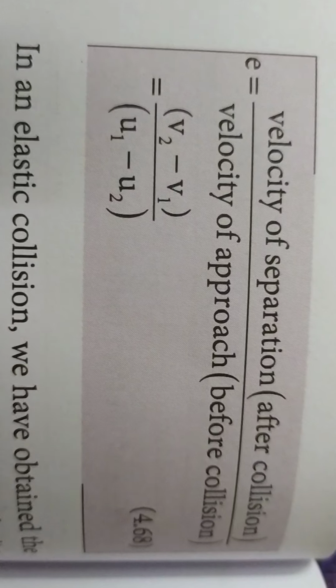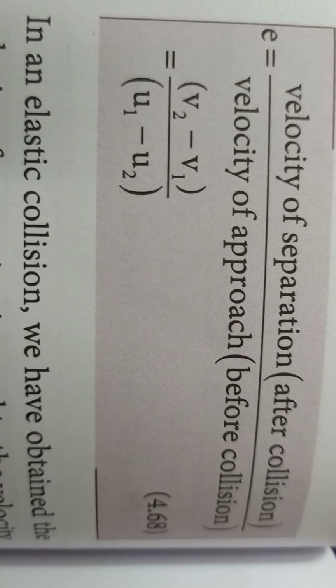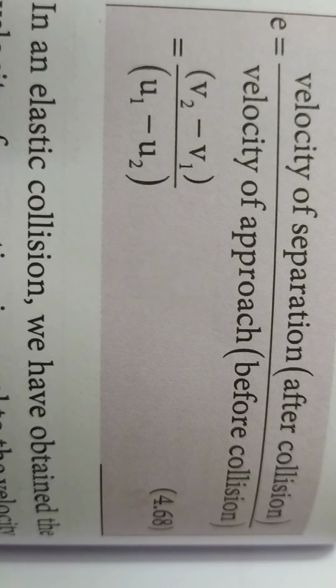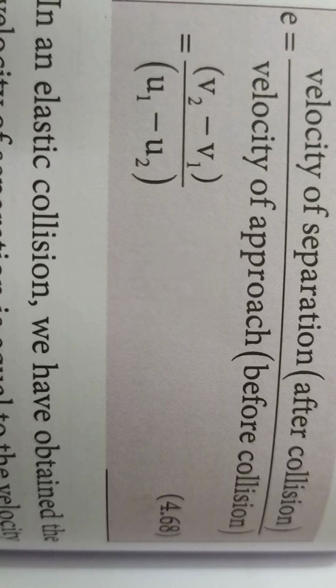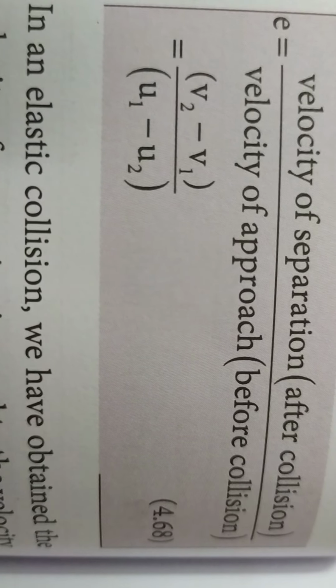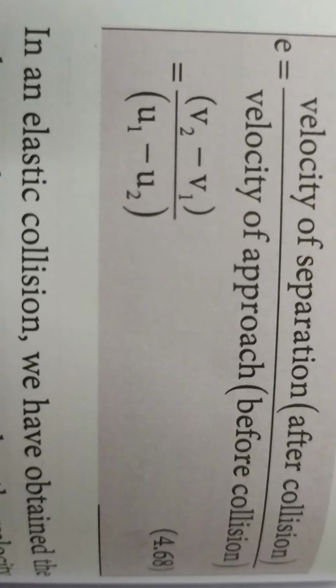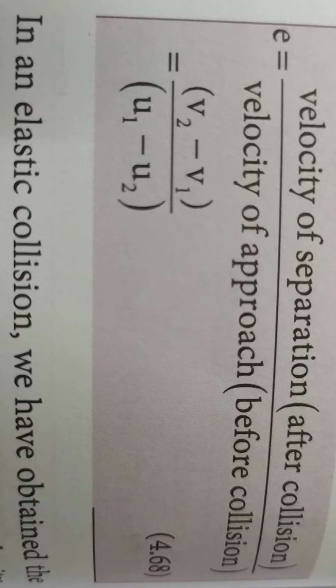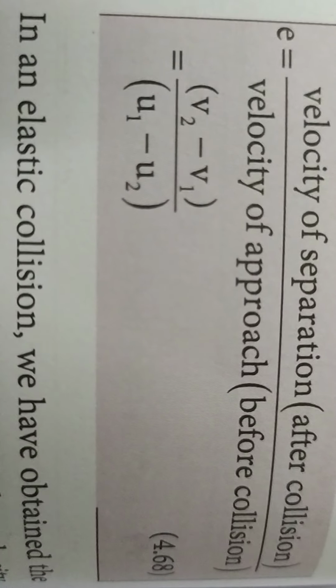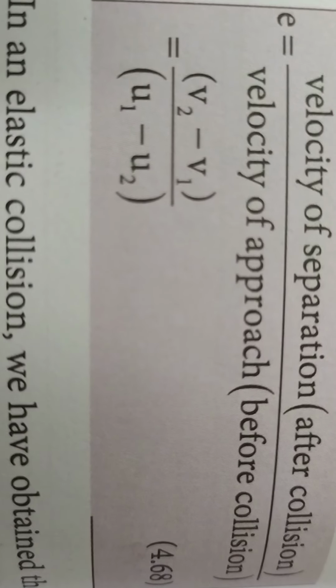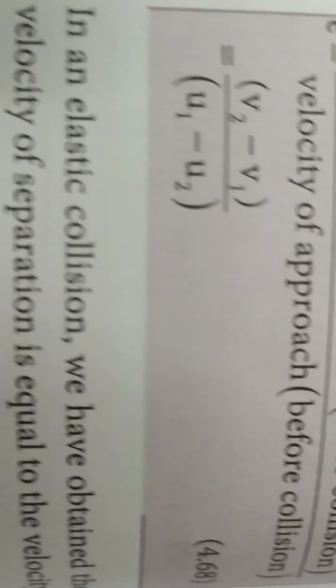So the symbol is E. Velocity of separation is after collision, velocity of approach is before collision, because before collision the two bodies approach, and after collision the two bodies separate. And you can write this as V2 minus V1 by U1 minus U2, because that is the relative velocity of the bodies after collision and before collision.